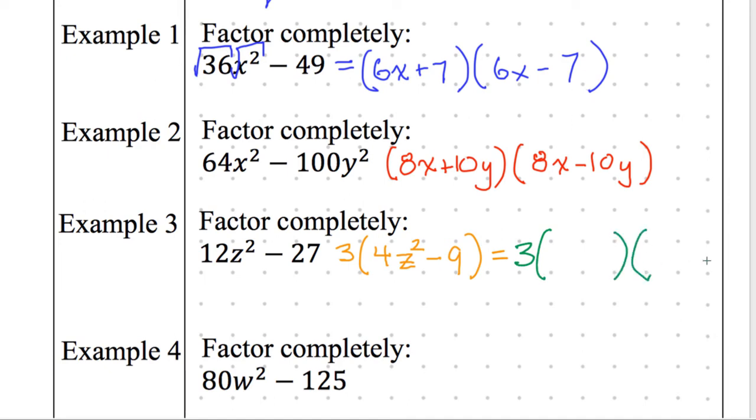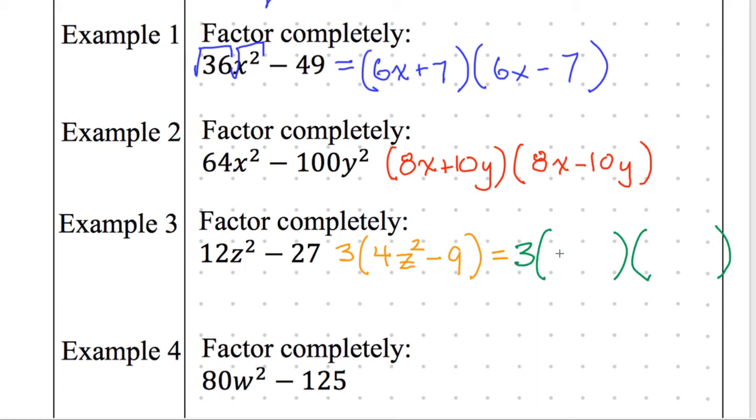I have 2 binomials. How many cards do I have? I'm missing 2 cards, so 2 people can participate here. I need to factor 4z squared minus 9. I know Chris is one of those people. Who's the other person? So Chris or Stego, yeah. One of you 2 needs to participate right now before anyone else can.